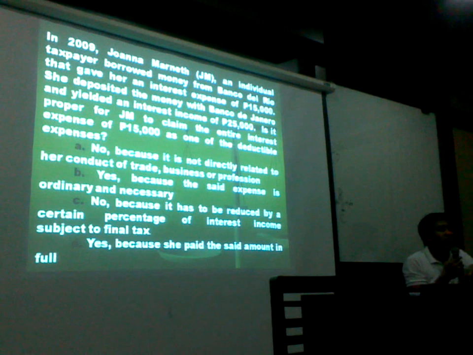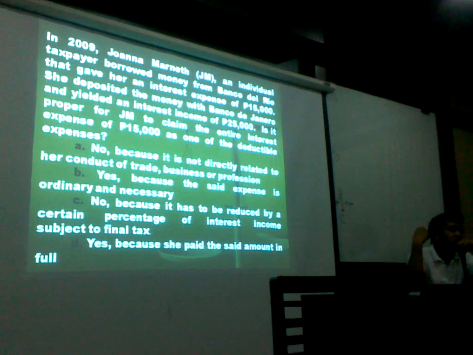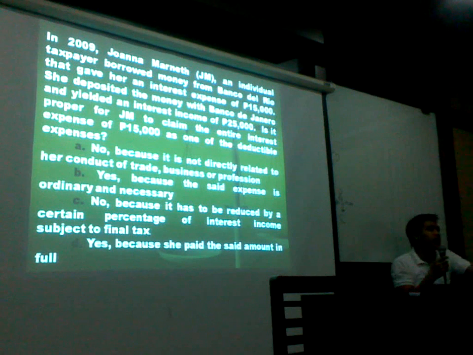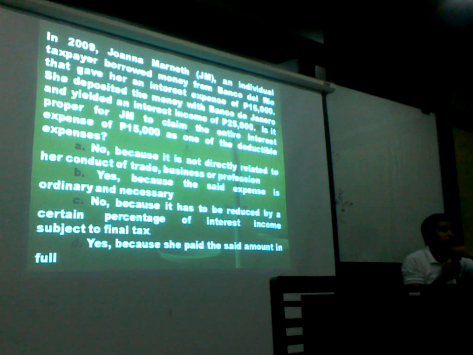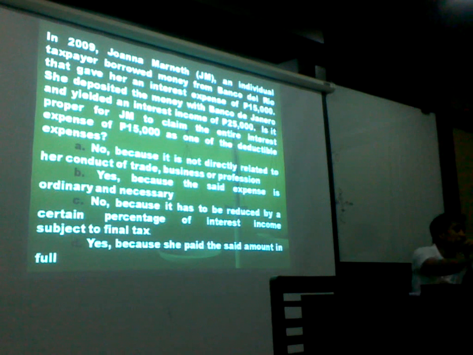The income from that money, when you put it into business, will be subjected to 30% income tax. What does the taxpayer do instead? Instead of putting that into business where it would be subject to 30%, he deposits it in the bank.